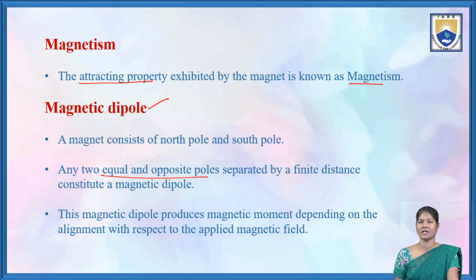Any two equal and opposite poles separated by a finite distance constitute a magnetic dipole. This magnetic dipole produces a magnetic moment depending upon the alignment with respect to the applied magnetic field.